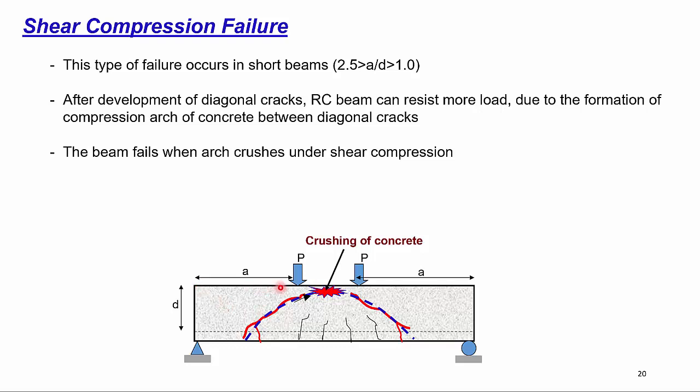As the shear span is relatively short, these diagonal cracks will come under the loading point, so they cannot extend to the compression side. Instead of that, they will try to bend. The diagonal cracks from both sides will form an arch mechanism in the beam. As the arch is formed, the beam can take more load, and the beam will finally fail due to the crushing of the arch at the compression. This kind of failure is called shear compression failure.